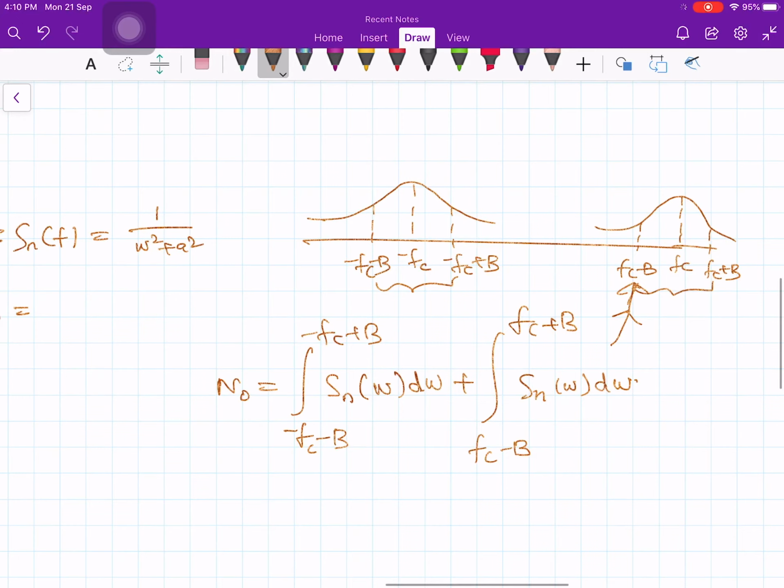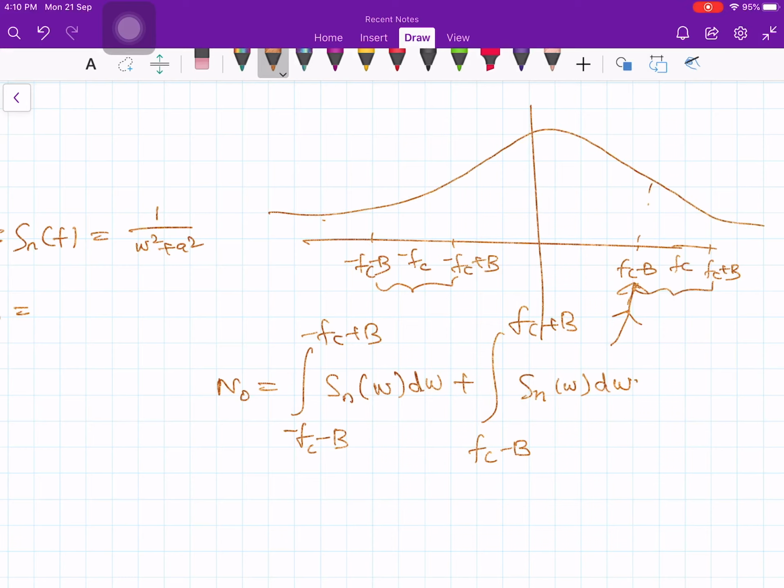Am I correct? No, I'm sorry. I'm very sorry. My function will be like this, so you are integrating between this point. I am very, very sorry. This is my Sn of omega. So symmetric regions, you are integrating this region and this region.